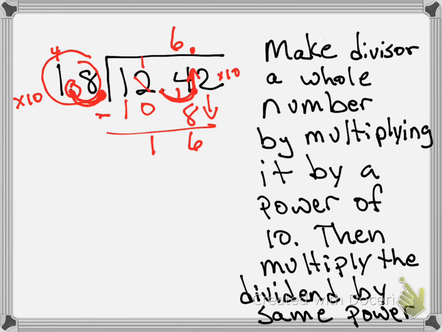Now I'm going to bring down that 2. 18 will go into 162 9 times. 9 times 8 is 72. 9 times 1 is 9, plus 7 is 16. So our answer to 124.2 divided by 18 is 6.9.